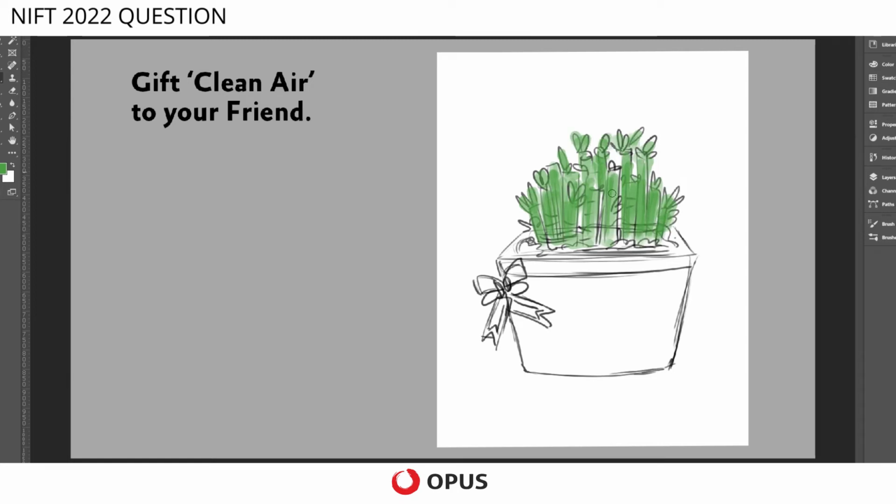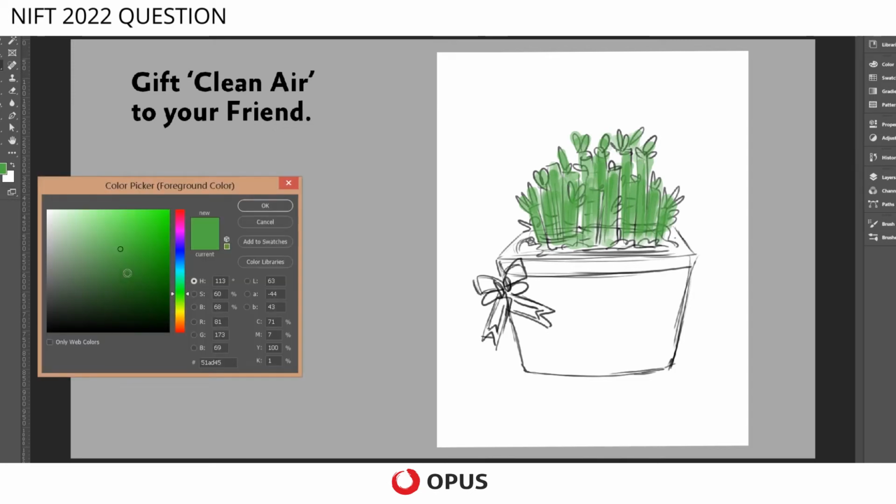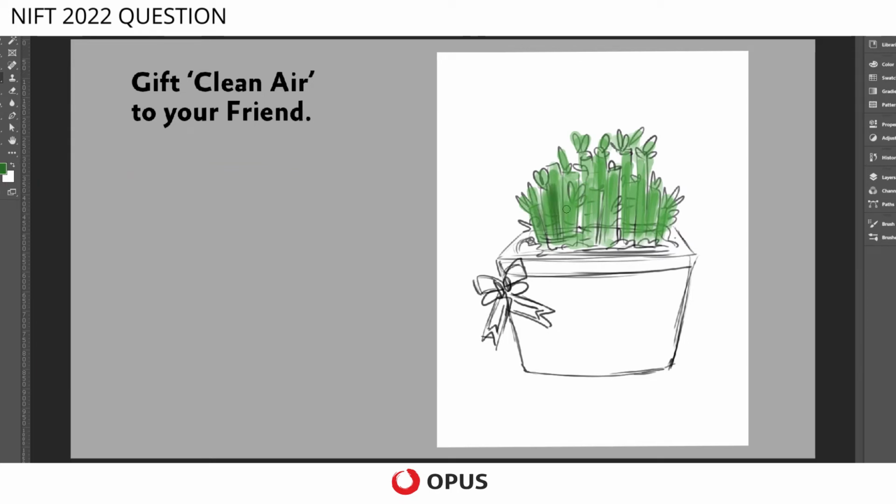And add some shades to bring out the plant's inner structure.